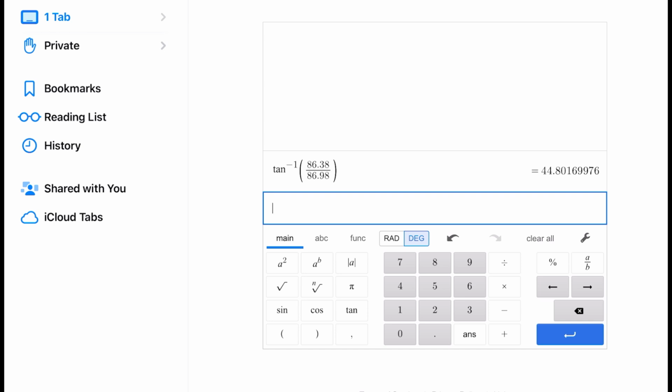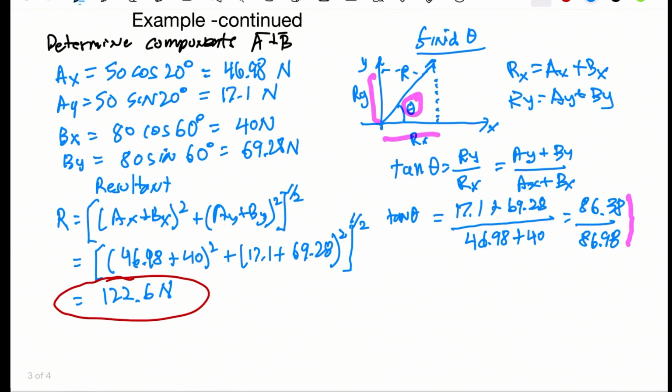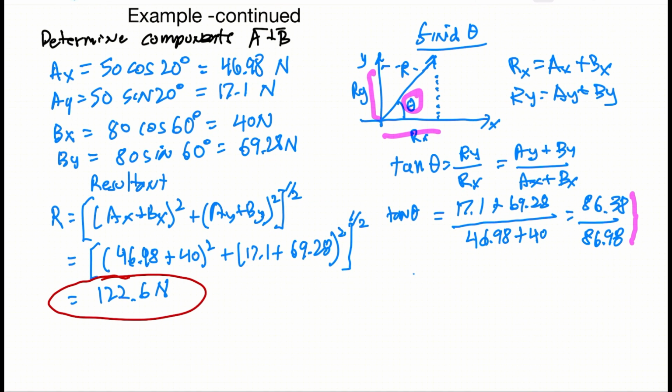So 44.8 is our angle. So theta is equal to 44.8 degrees.